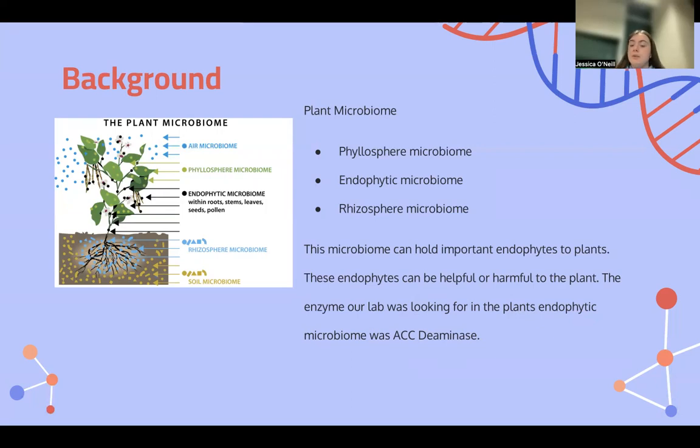The enzyme our lab was looking for in particular is ACC deaminase. This is helpful in the promotion of plant growth, and our specific lab was looking just to find samples of it, but eventually to find ways to apply it to different crops to help promote growth in them.